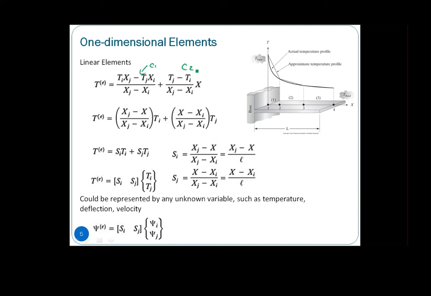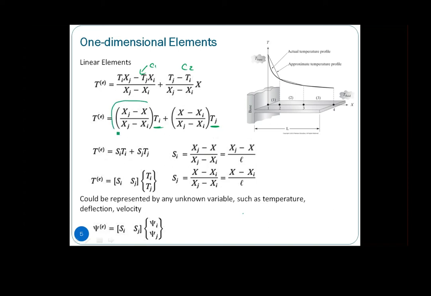Then we want to rearrange again, so that the temperature in that particular element is in terms of Ti and Tj. So we have this element's temperature equals a function times Ti plus a function times Tj. So we rearrange in terms of Ti and Tj, and that gives us this.